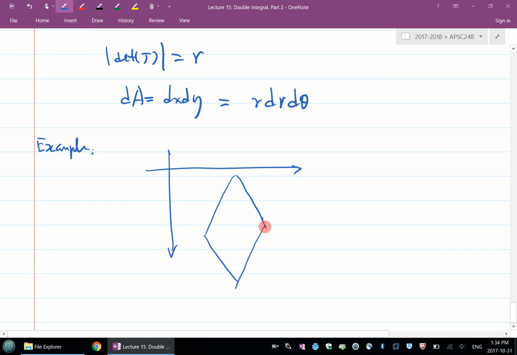This region R is a diamond bounded by 4 different curves: x plus y equal to 0, 2x minus y equal to 1, x plus y equal to negative 2, and 2x minus y equal to 3.